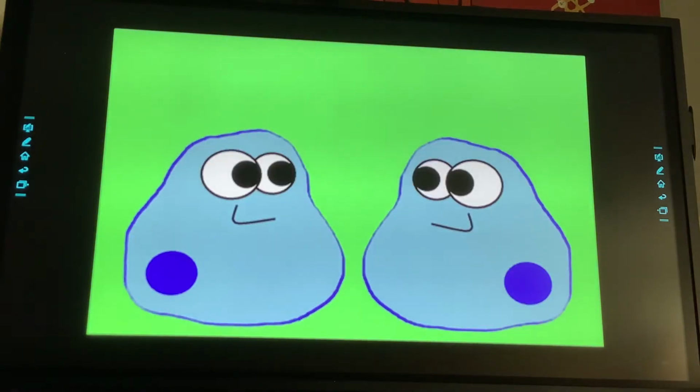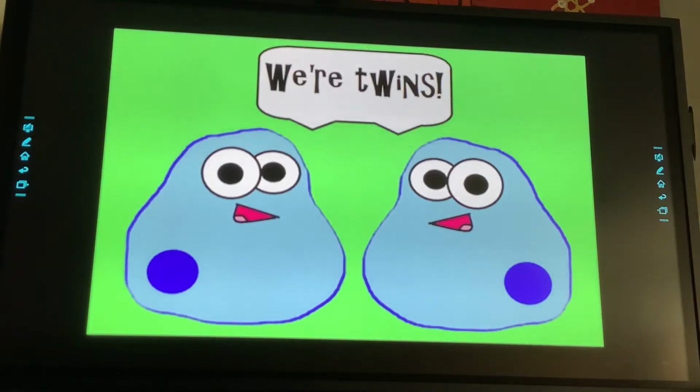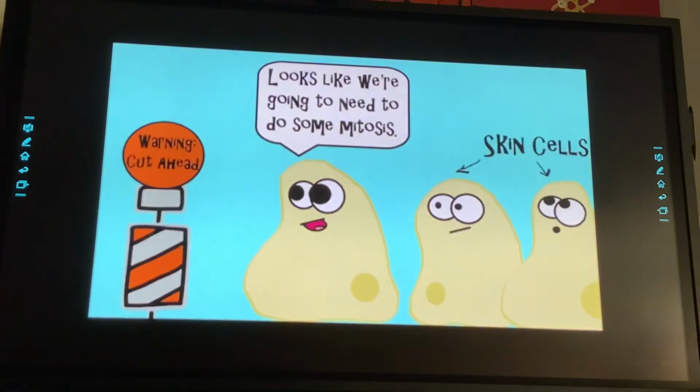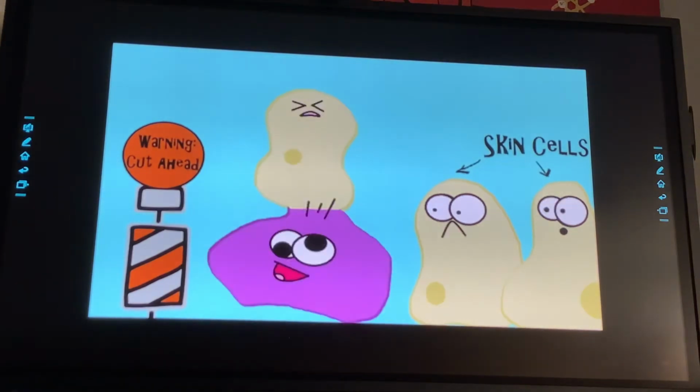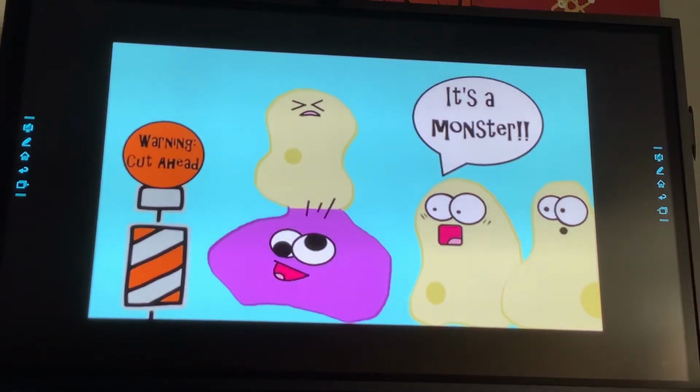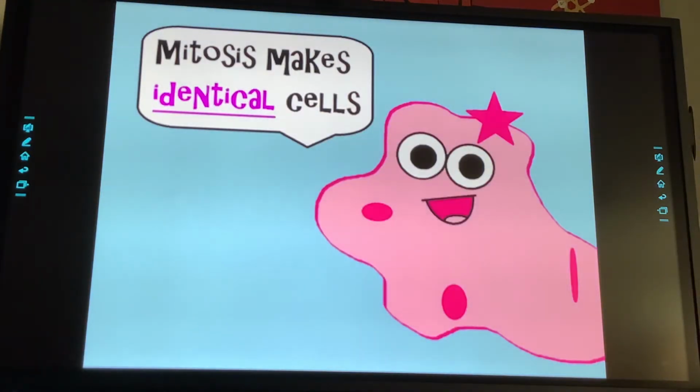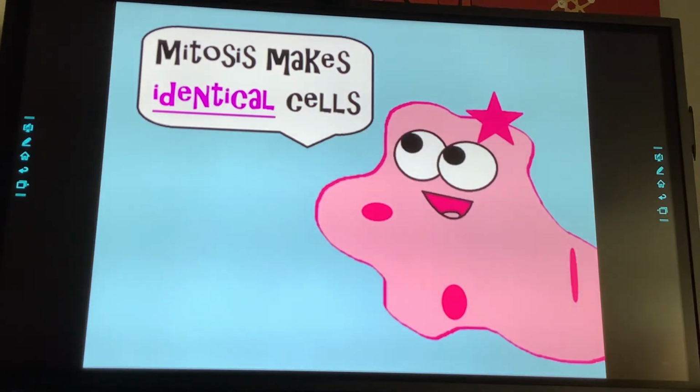Mitosis also makes identical cells. That is the goal, is identical cells. So if you're trying to make more skin cells to replace worn out or damaged cells, you don't want to start suddenly making stomach cells there. That would be ridiculous. You want to make sure you have identical cells replacing what was lost. So mitosis makes identical cells.